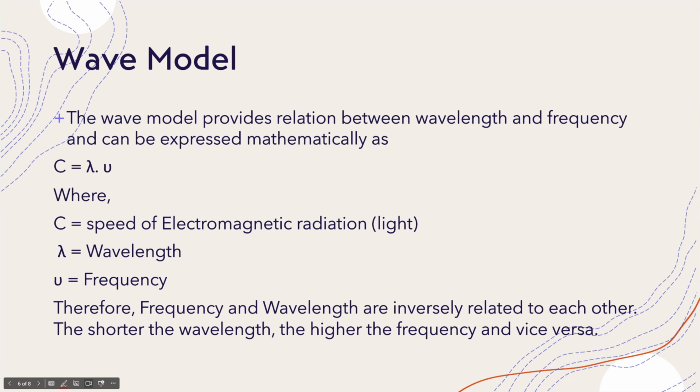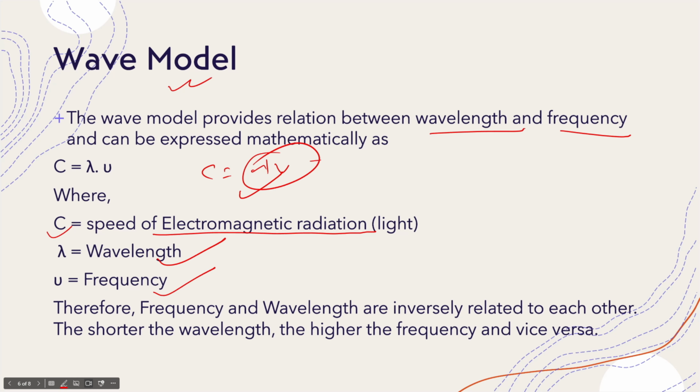What the wave model defines is the relationship between the wavelength and the frequency, which can be expressed mathematically as c = λv. Here c is the speed of the electromagnetic radiation, λ is the wavelength of that radiation, and v is the frequency.